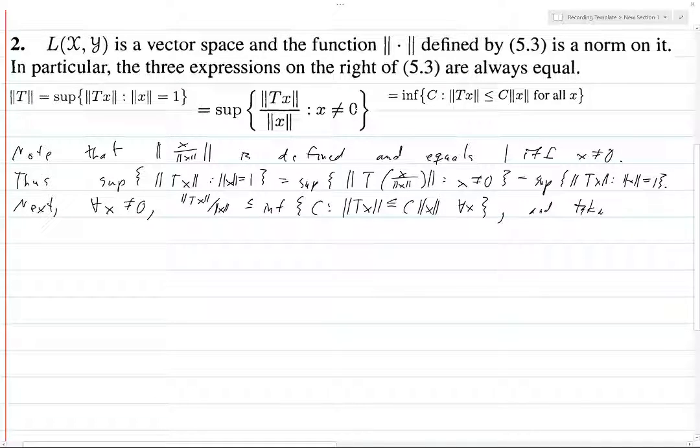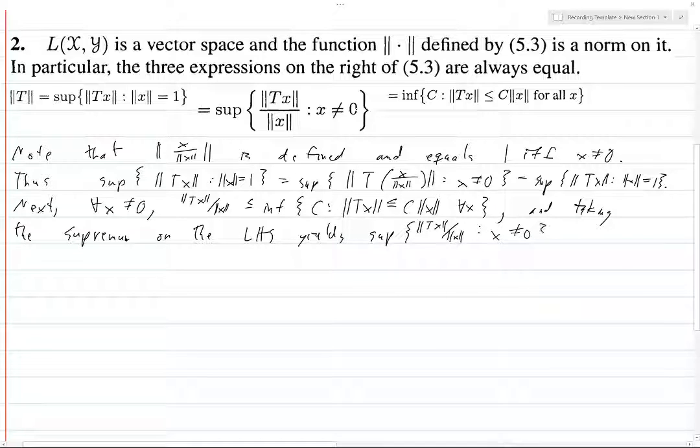And taking the supremum on the left-hand side yields the supremum over all norm tx over norm x such that x is not equal to 0.